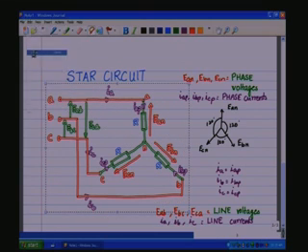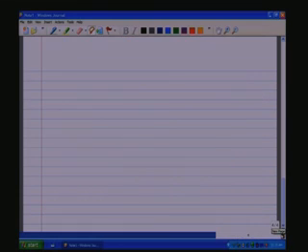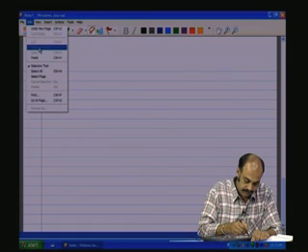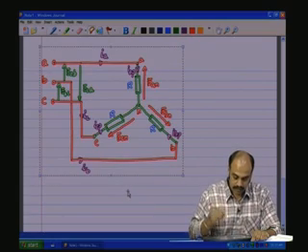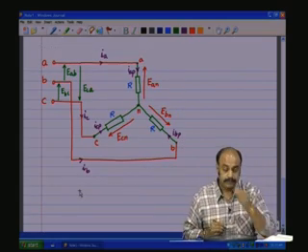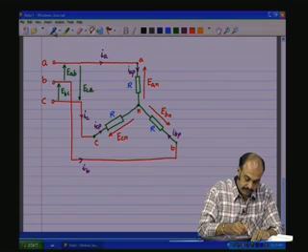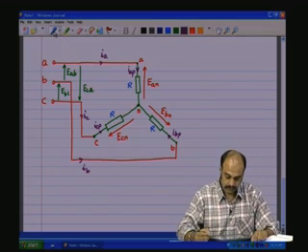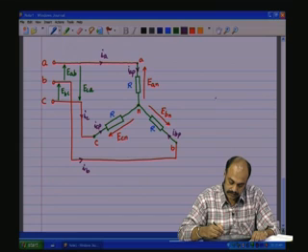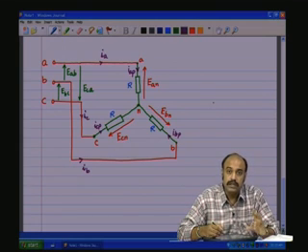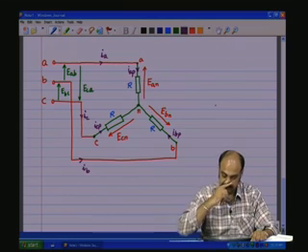Let me copy it, let us go here and then paste it, the next page. So, we have the circuit here. First, let us have a picture of the phasor diagram.